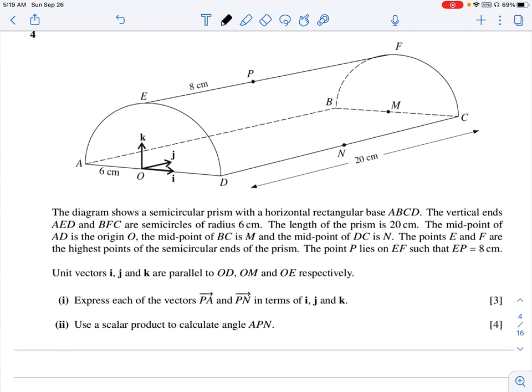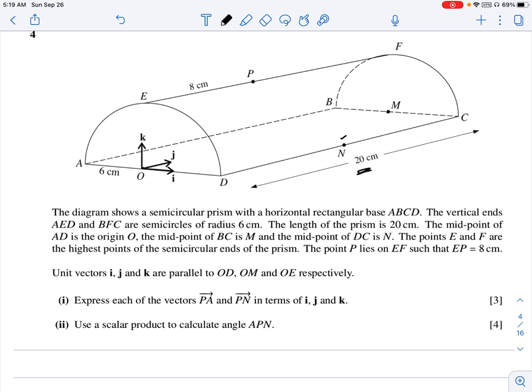Coming to question number 4. He has given a diagram of a semicircular prism. It has been told that the length of the prism is 20. The midpoint of AD is O, the midpoint of BC is M, and the midpoint of DC is N. The points E and F are the highest points of the semicircular prism.